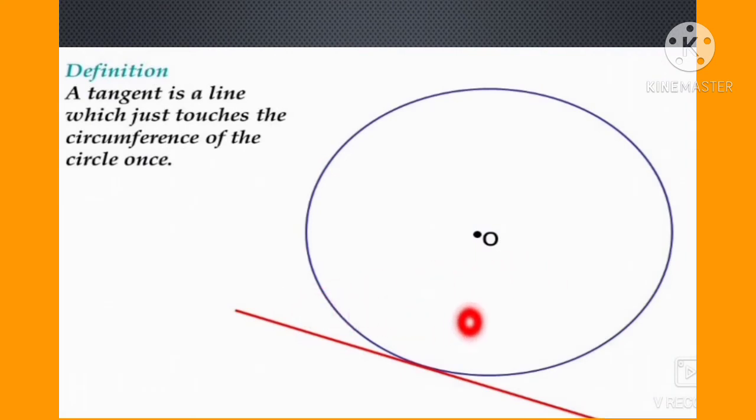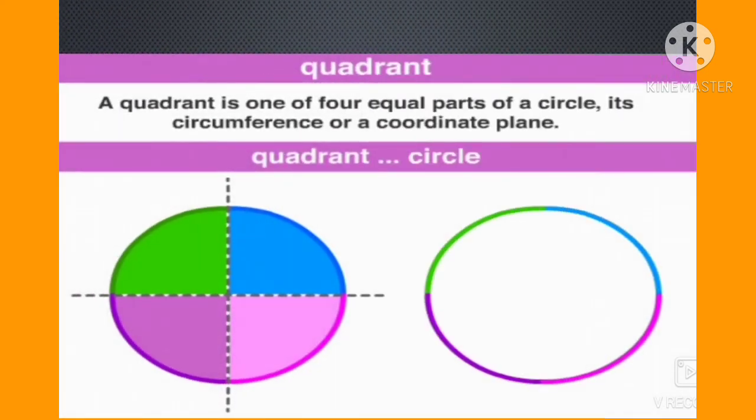A tangent is a line which just touches the circumference of the circle once at one point. Quadrant. A quadrant is one of four equal parts of a circle, its circumference, or a coordinate plane.